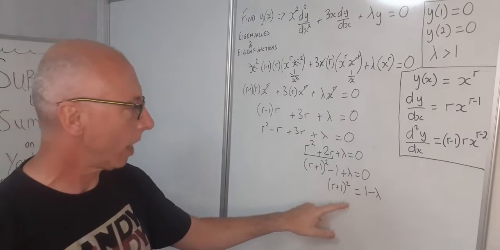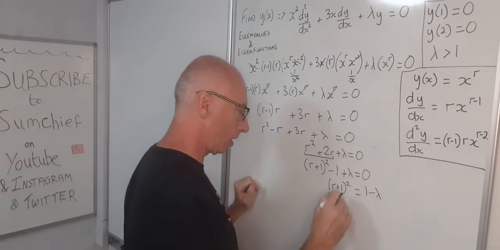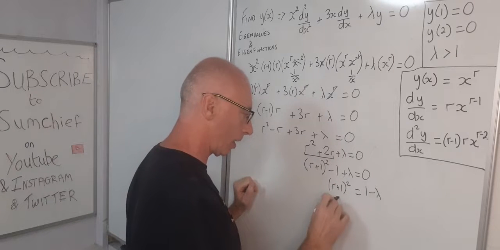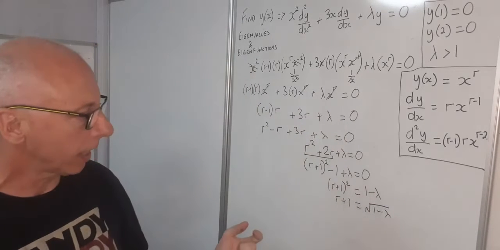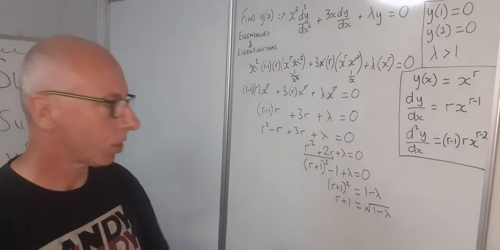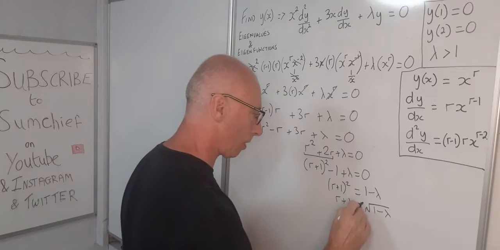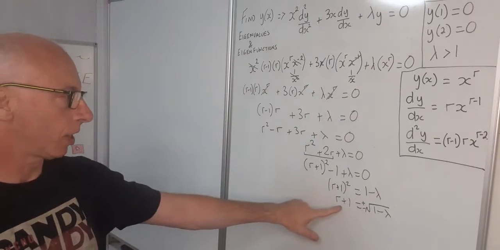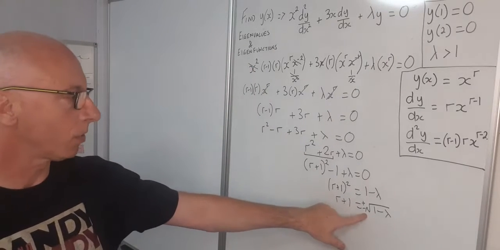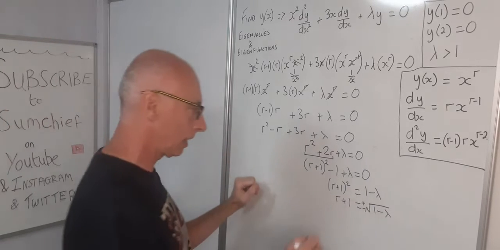Let's take the square root. So get rid of this r plus 1 squared. Now we're left with r plus 1 equals square root 1 minus lambda. But just be a little bit careful here. We've got plus or minus, because taking the square root could give us either. And now all that's left to do is to subtract 1 from both sides, and we've got r isolated.